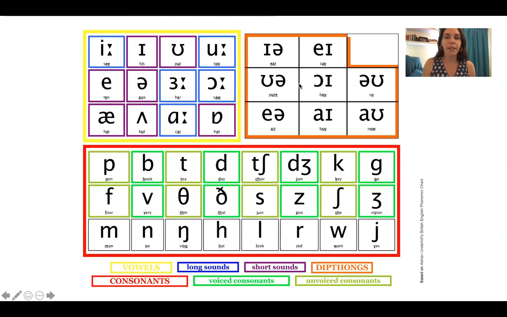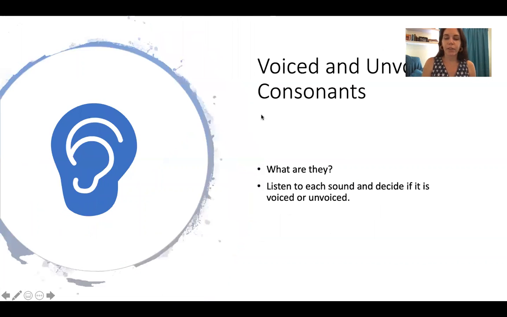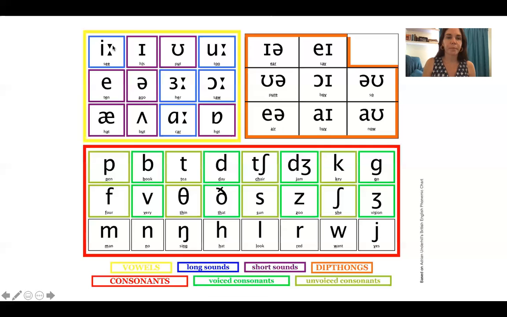I've put up our chart again so that we can have a look. So now we're looking down here at the red box. Consonants. We've got voiced consonants in bright green and unvoiced consonants in that green.